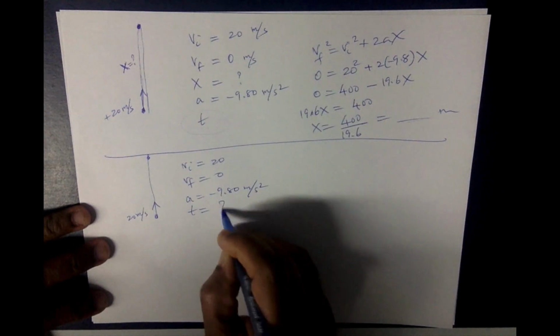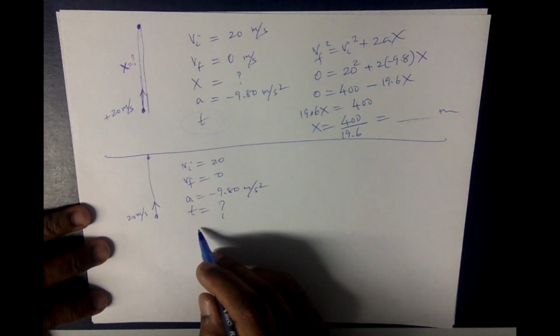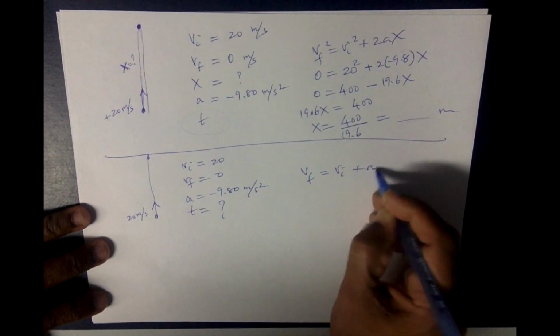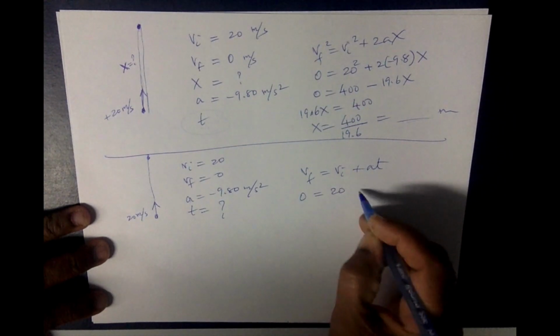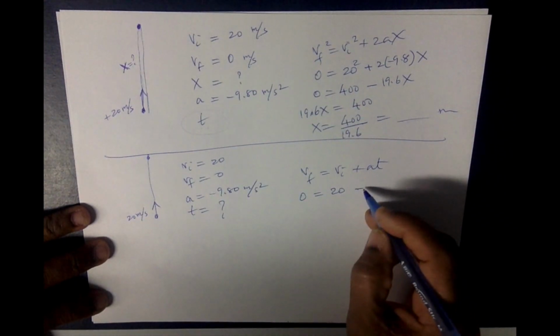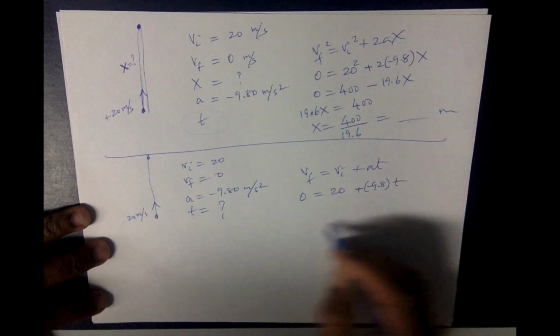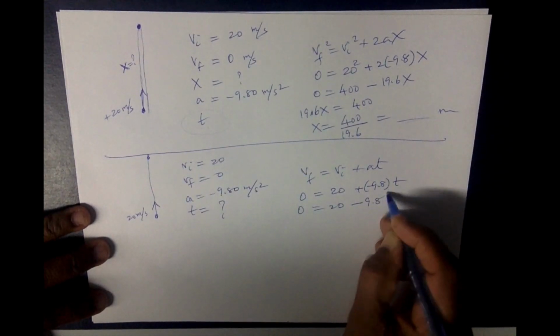So time is equal to what? What equation are you going to use here? Something that doesn't have displacement, and it is the first equation: vf equals vi plus at. Substitute. 0 equals 20 plus negative 9.8 times t. So 0 equals 20 minus 9.8t.